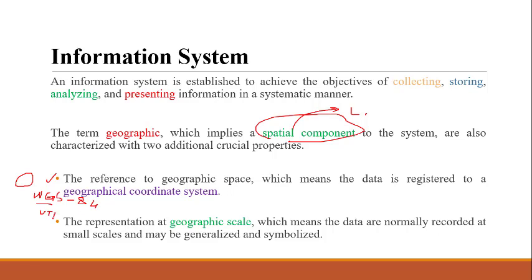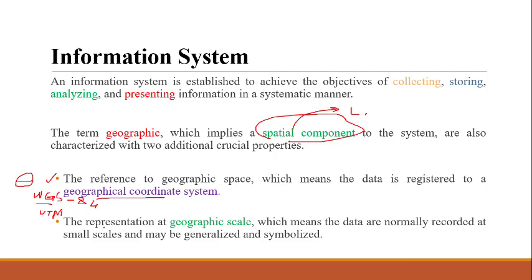Different coordinate systems are given and explained. However, we will just see that a geographical coordinate system is used for a geographic information system. We will see these in detail in the next lectures.